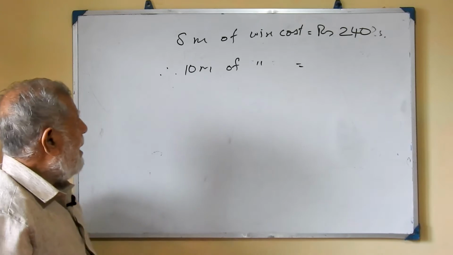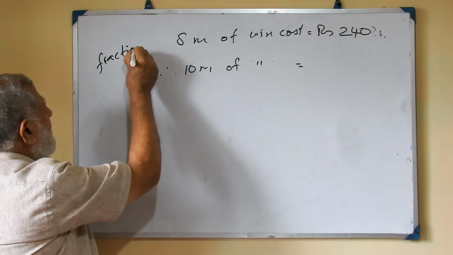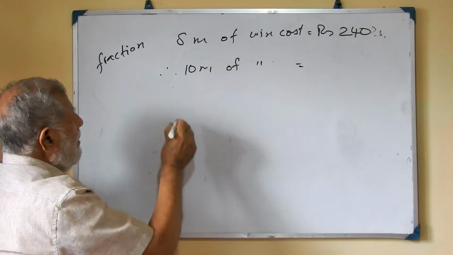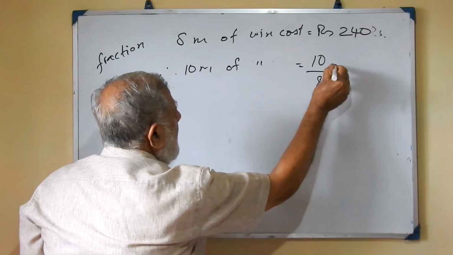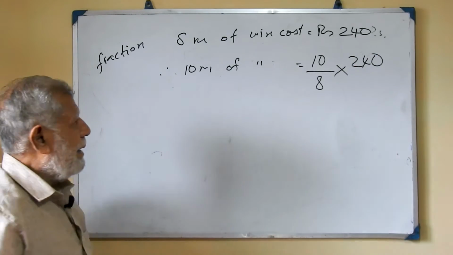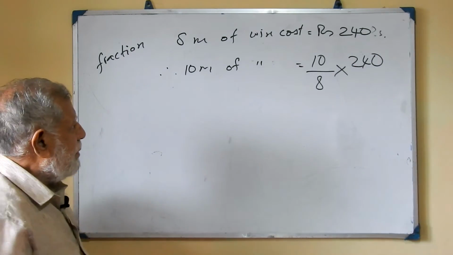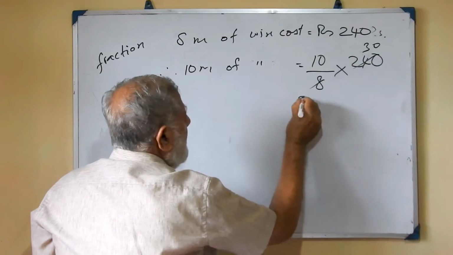Now this is called the fractional method. We show the fraction. 10 meters cost, we put 10 upon 8 into 240. So directly we get the answer. 10 upon 8, 240. So we cancel here. 8 and 240 cancel to 30. So that is equal to 300.